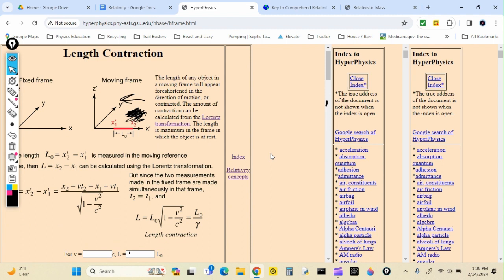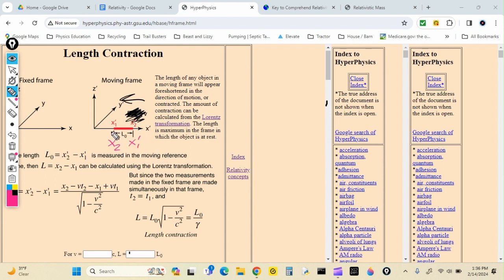But here's the thing: if we look at these two points here, I'm going to say x1 prime and x2 prime are this situation.